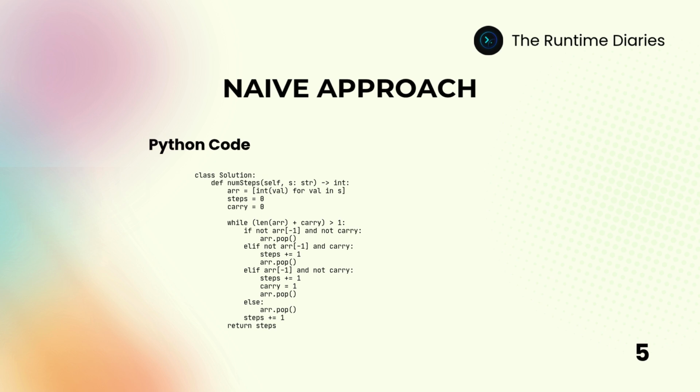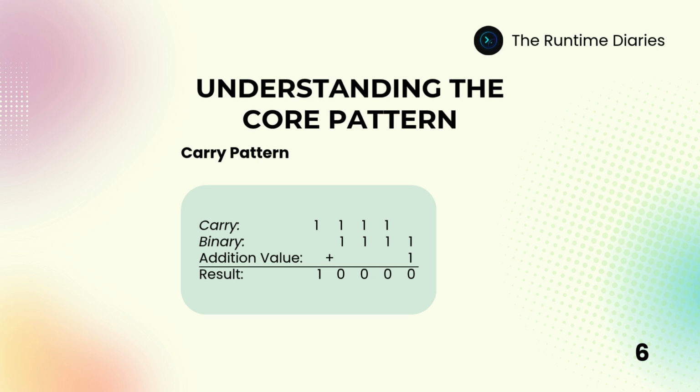Keep going until the length of the array plus any active carry equals 1. It worked, but it was messy. Lots of conditions, popping elements, and using extra space. It was a great learning step though because it made me see how binary behaves.